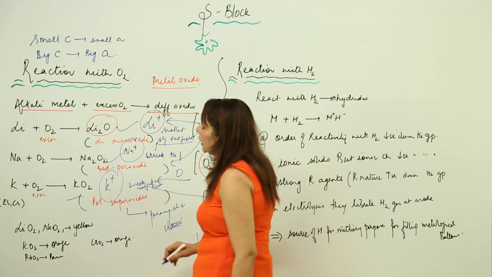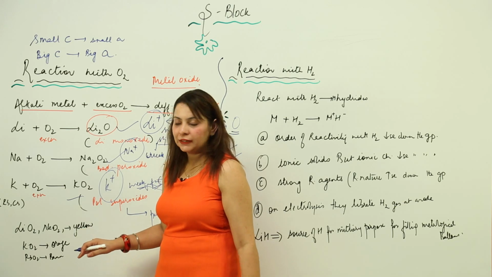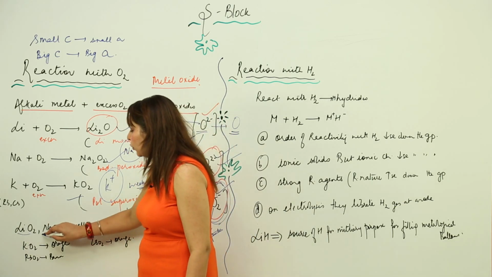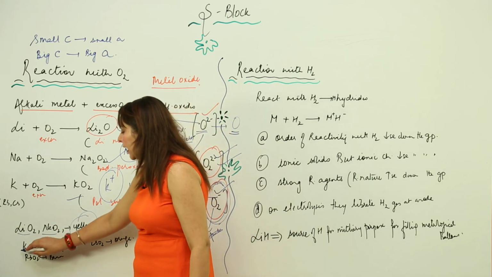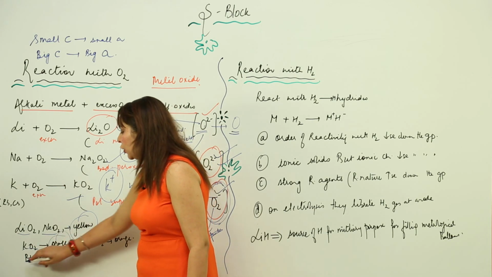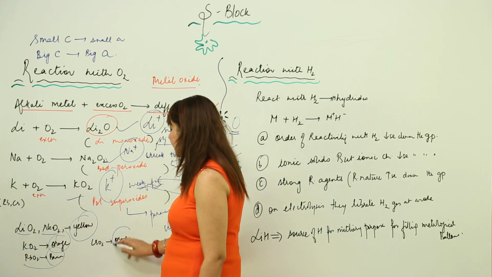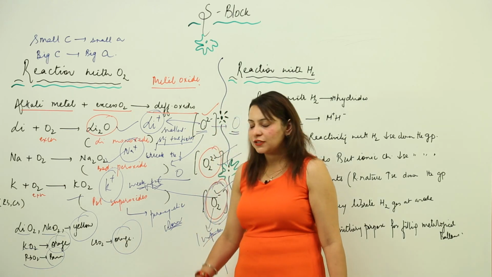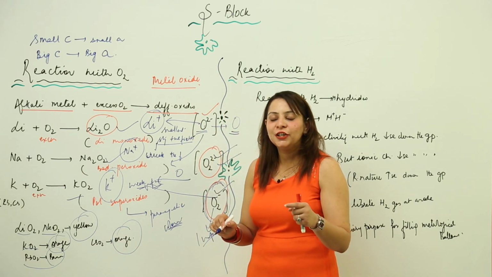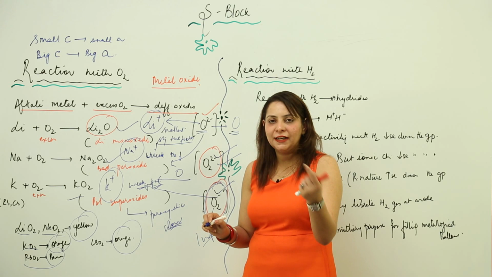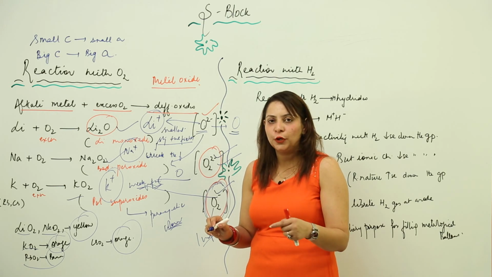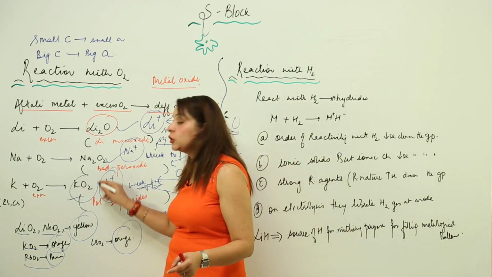That is why the alkali metal superoxides are colored: lithium and sodium oxides are yellow in color, potassium superoxide is orange, rubidium superoxide is brown, and cesium superoxide is orange. I used peroxide in place of superoxide in a few places, so keep in mind I am talking about the superoxides.